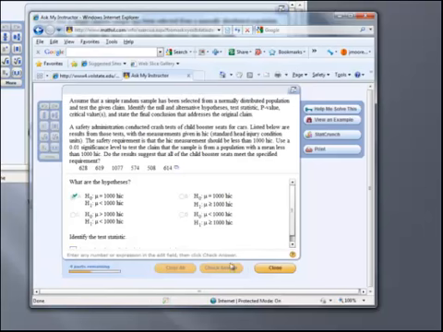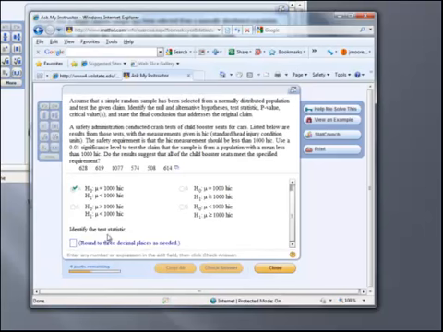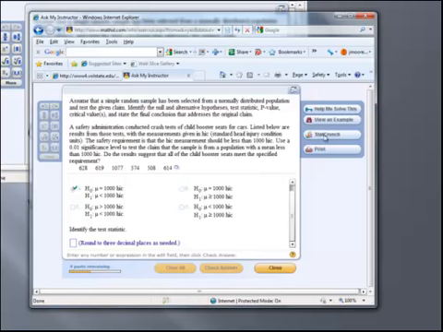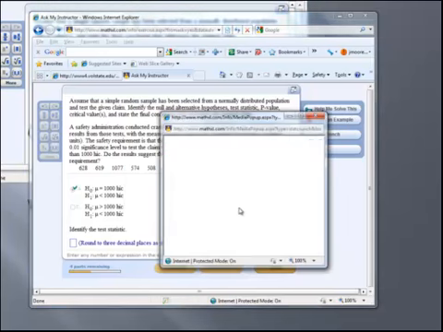The next question then is to identify the test statistic. In order to do that, we'll use StatCrunch, and we need to use these data values to calculate that test statistic. So we'll click on this box here, and that will copy the data set to a table that we can then paste into StatCrunch.